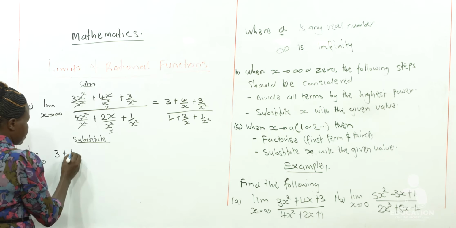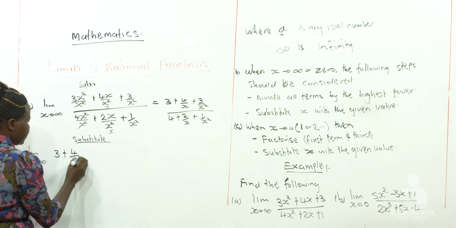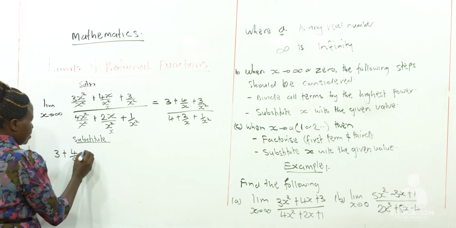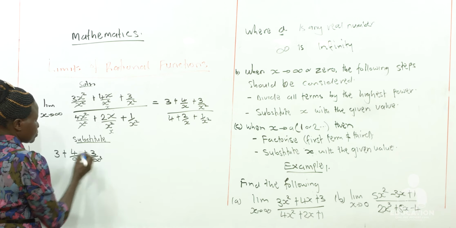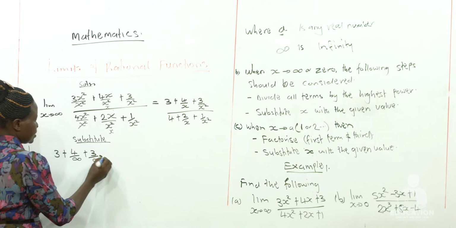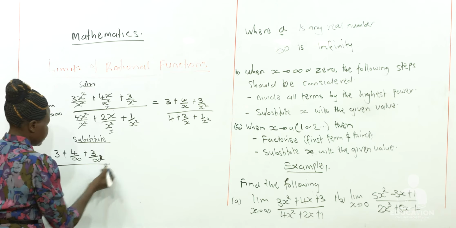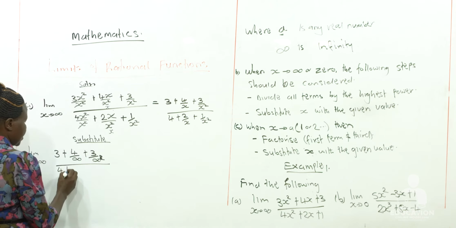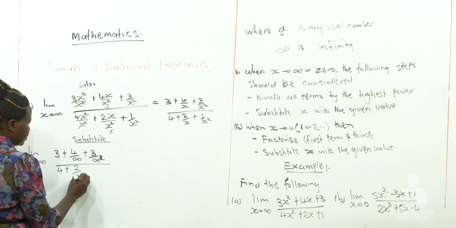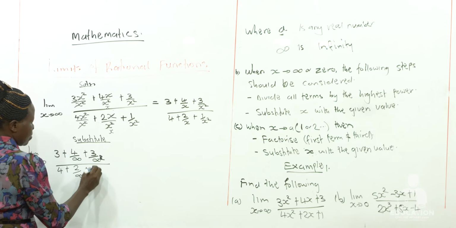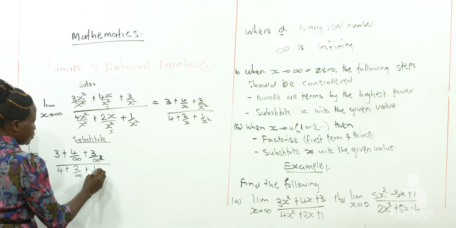Plus 4 over infinity, and then plus 3 out of infinity square, then divided by 4 plus 2 out of infinity, and then plus 1 out of infinity square.